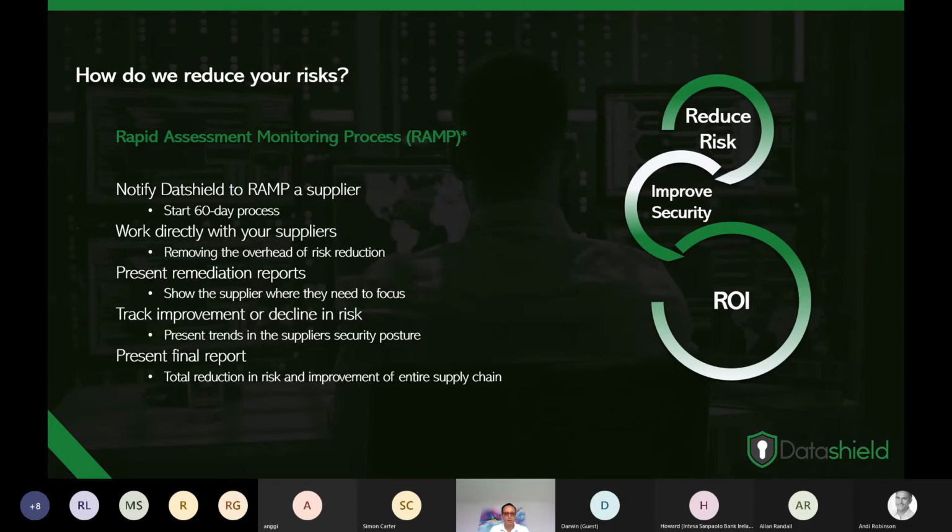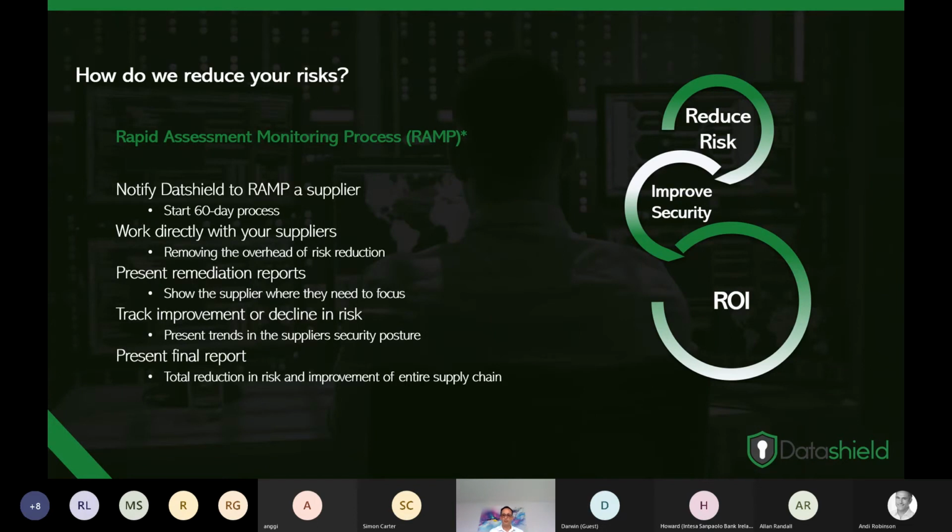So I've mentioned the ramp process before. It's basically trying to remove the overhead. It's about reducing your risk, improving your security. But the main thing for you as a customer would be at the end. So at the start of the process, you will know, because we've imported all the suppliers into the platform, what your total financial risk is, what your total score is for compliance, and what your total score is for technical, or what the ransomware susceptibility index score is across your entire supply chain average.